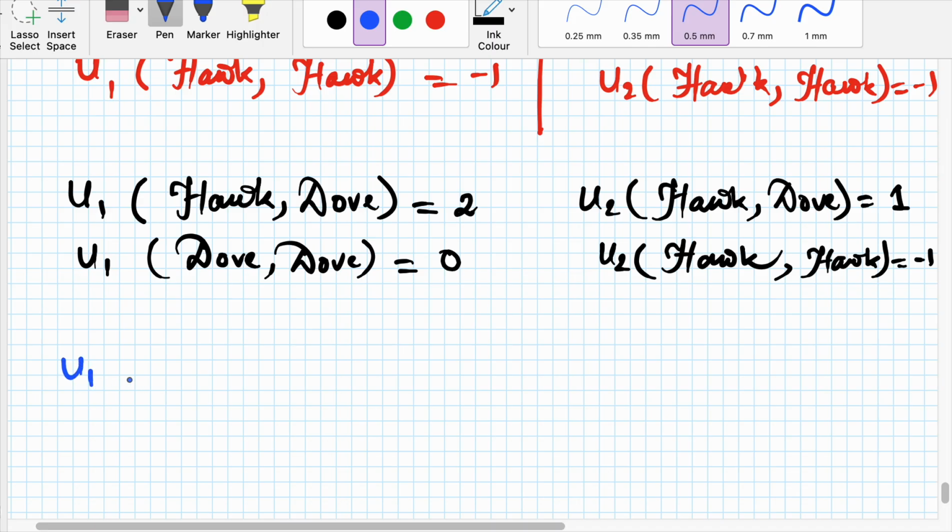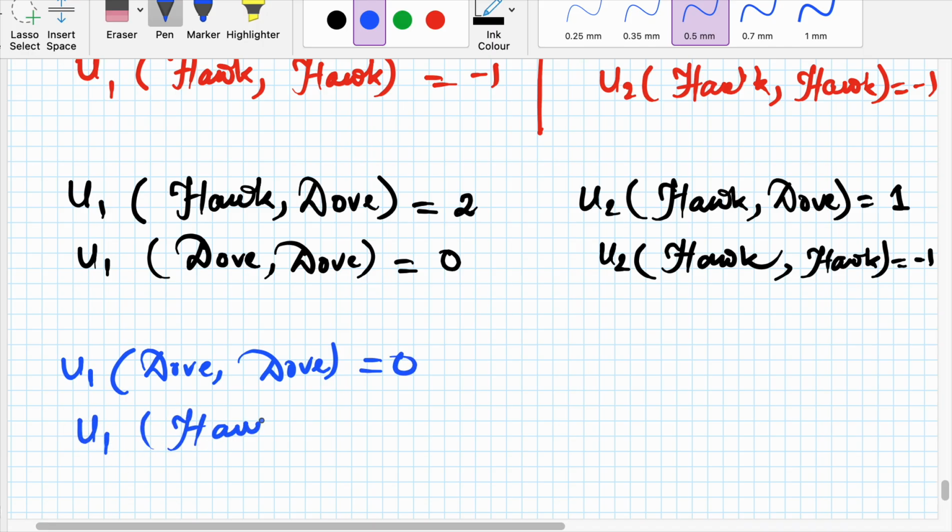You see dub will give him 1, but player 1 can do better by playing hawk against dub, so there will always be an incentive to change from this strategy.